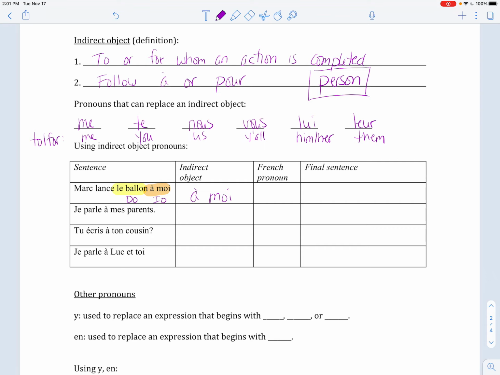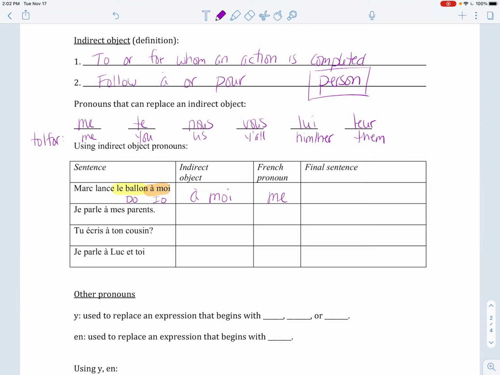Technically, it's only the moi that's the indirect, the person, but we're going to replace that à as well. So anytime we're doing this in a sentence, the à or the pour that's in front of it is going to be taken out and replaced with the pronoun as well. So à moi, to me, is the pronoun me. And we're not going to worry about trying to replace le ballon at this point.